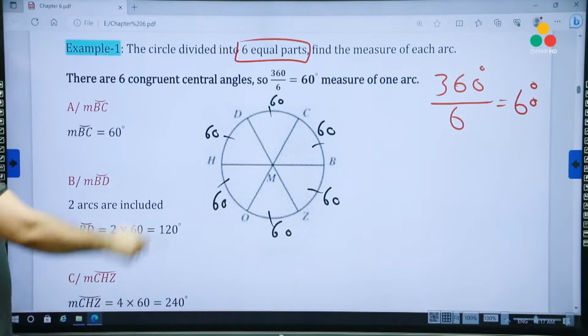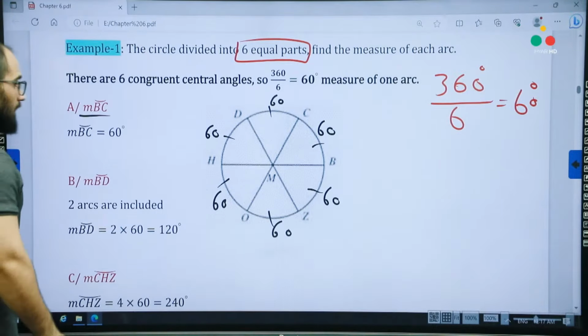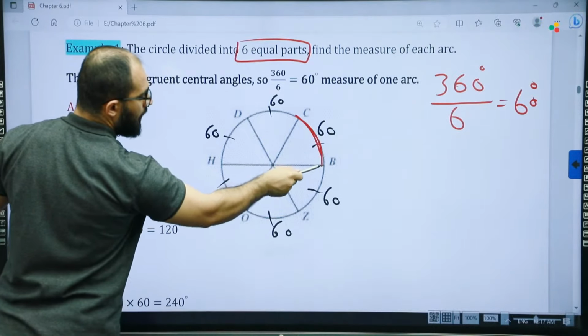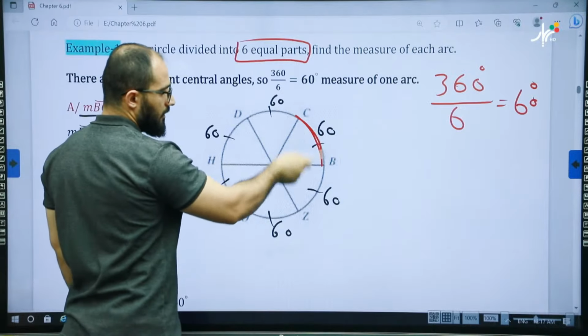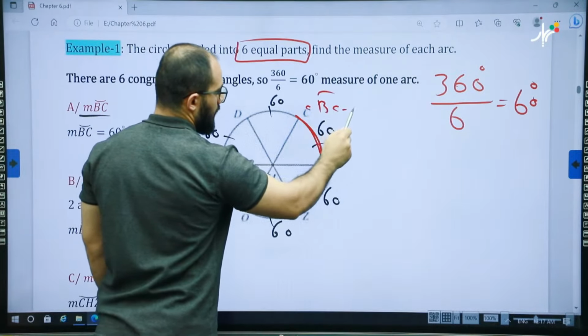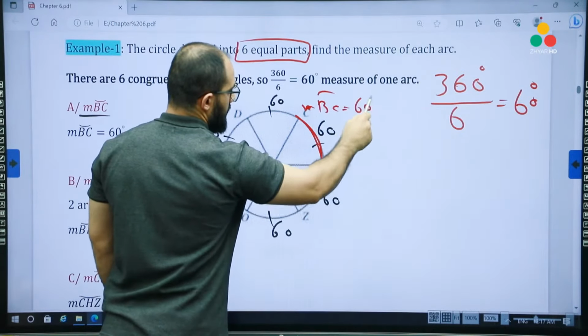Look at the first one, it says find BC. So where is BC? B until C. It is only one arc, that's why the measure of arc BC is equal to 60.